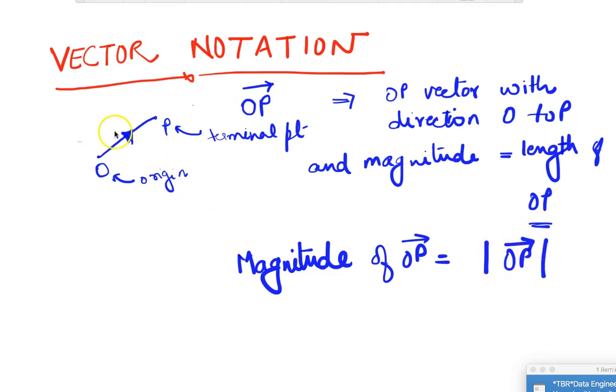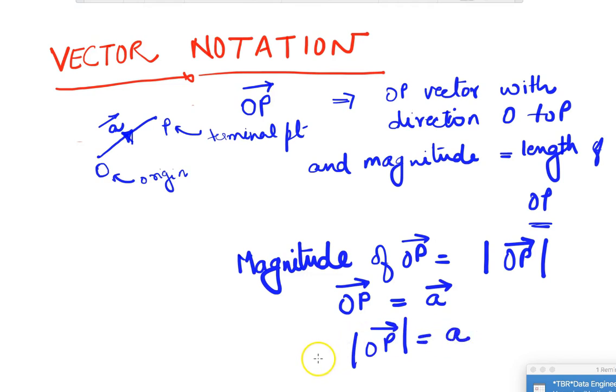Now suppose we give a name to this vector, which is A, then we will say OP vector is equal to A vector and the length of OP vector is equal to A. So hence any vector would have an origin, a terminal point, a direction, and a length.